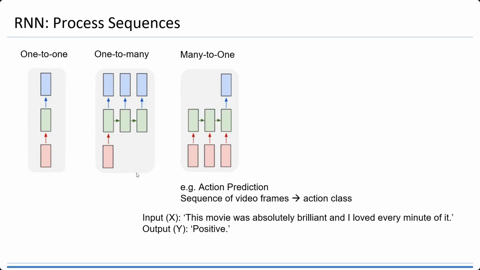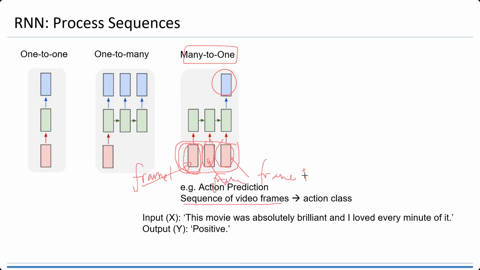The other kind of sequence is the many to one structure. If the structure is many to one, it means we have many inputs, and at the end, we have one output. For example, you have a video, and you usually split the video into segments, segment 1, segment 2, segment 3, or sometimes we call them frames: frame 1, frame 2, frame 3.